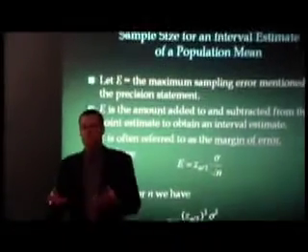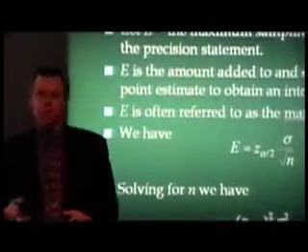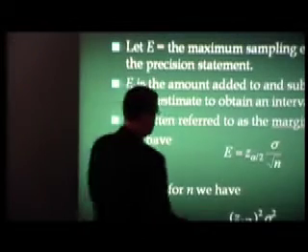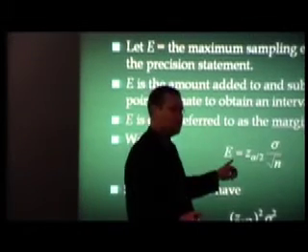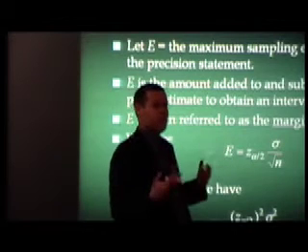Now, one thing, when you find an n, of course, it's going to be a whole number, right? In general, when you actually have a sample, you're not going to have partial observations. But let's say that you come up with an e, or some margin of error, that is half of what you had before.